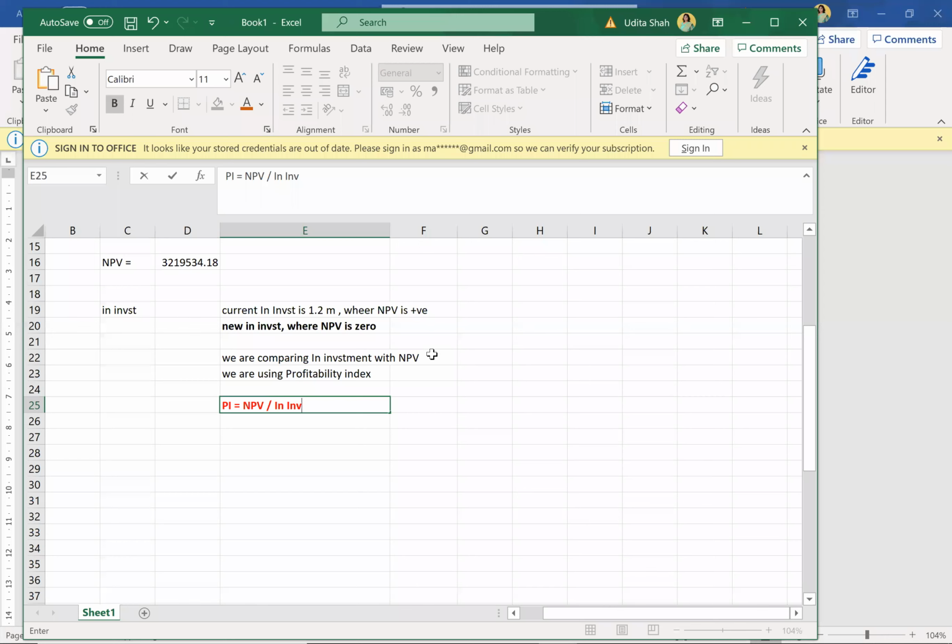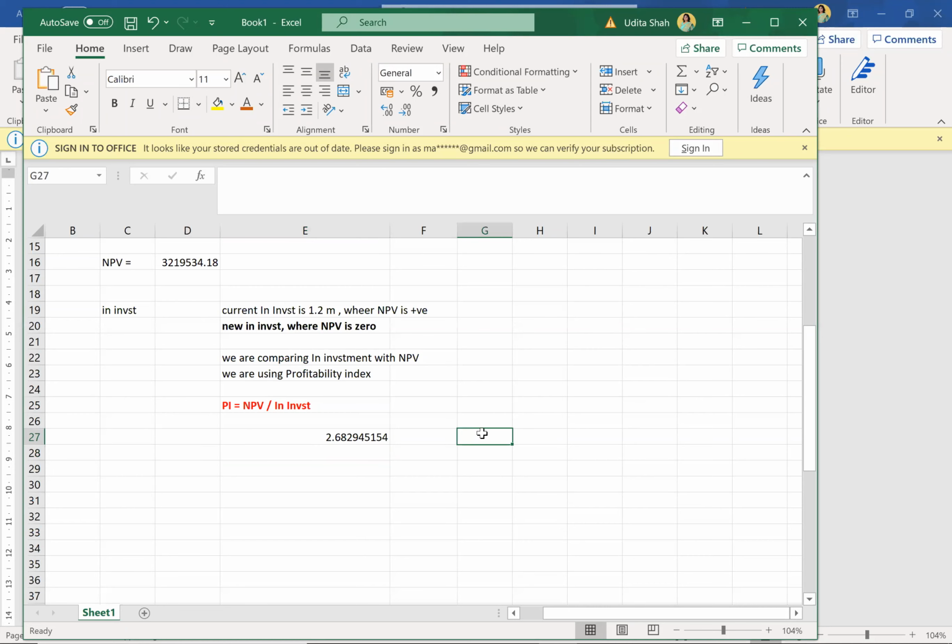Correct. So what was the NPV? NPV was this amount divided by 1.2 million. So PI is 2.68.